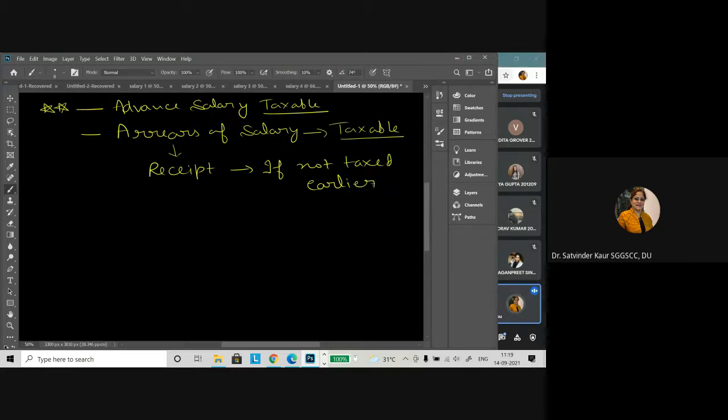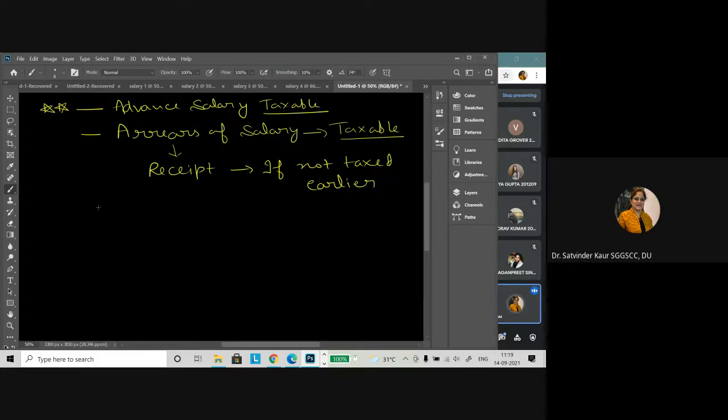So when the DA is announced, it is announced with retrospective effect. तो उससे रिलेटेड जो भी एरियर्स मिलते हैं पिछले टाइम के, वो एरियर्स आपके रिसिप्ट बेसिस पे टैक्सेबल होते हैं, because you don't know how much government is going to increase or how much amount is to be given. So in that case, because these are received later, though it is related to the past period, if it has not been taxed earlier, then it will be taxable on receipt basis.